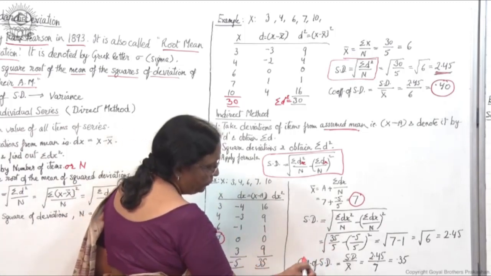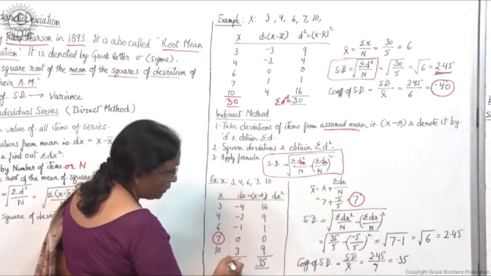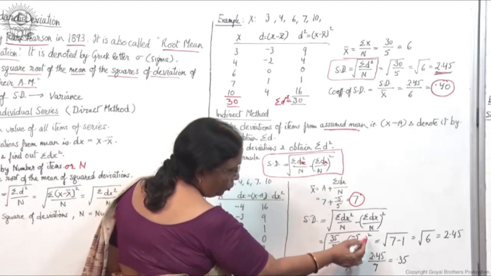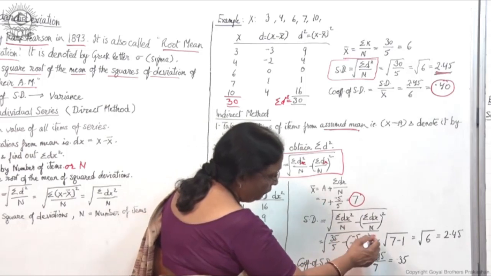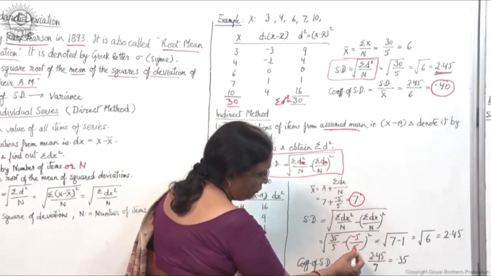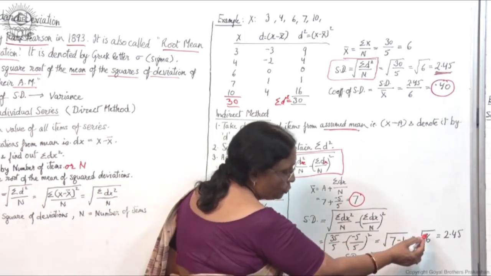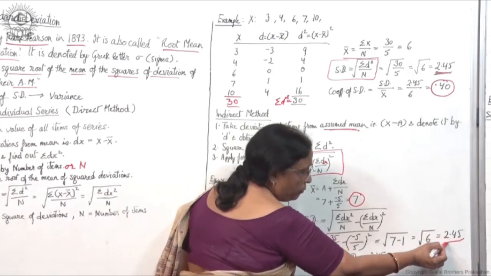Then sigma dx is minus 5, so write down minus 5, n is 5, whole square. Then if we simplify it, 5 7s are 35, so that becomes 7, and this becomes 1. 7 minus 1 is equal to 6, and under root of 6 is 2.45.